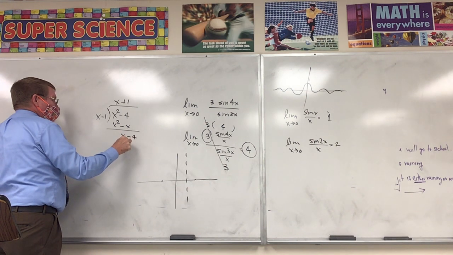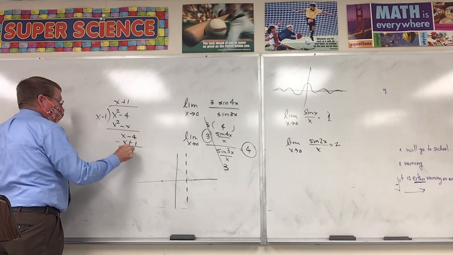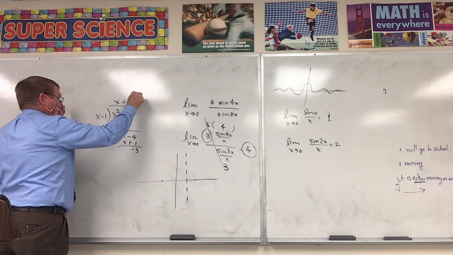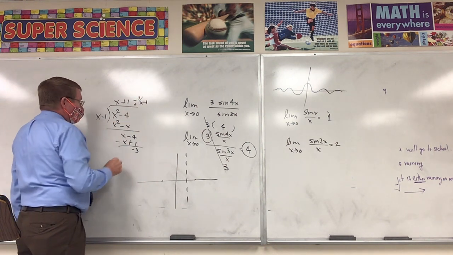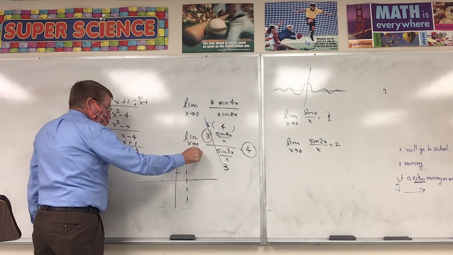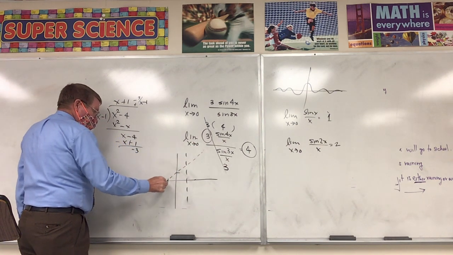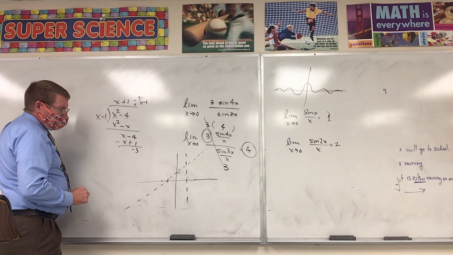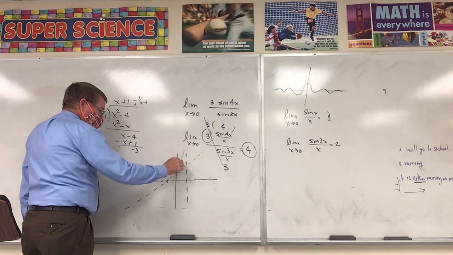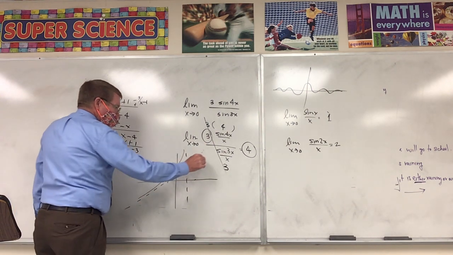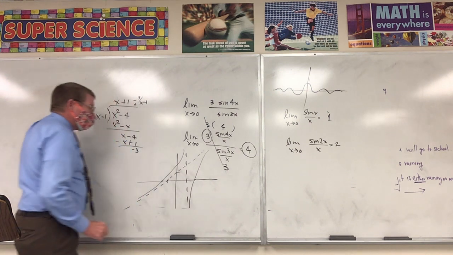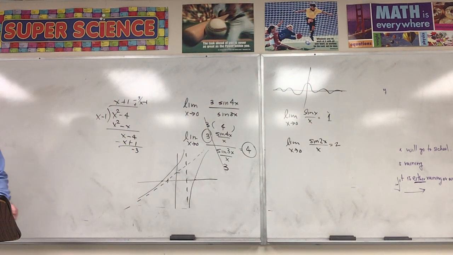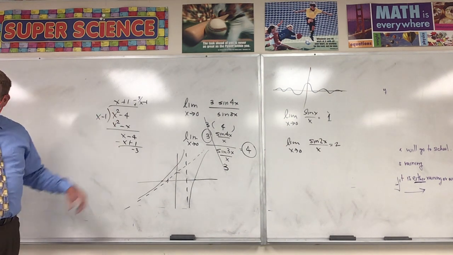Okay. So that's what your graph should look like. Which number? Number 29.